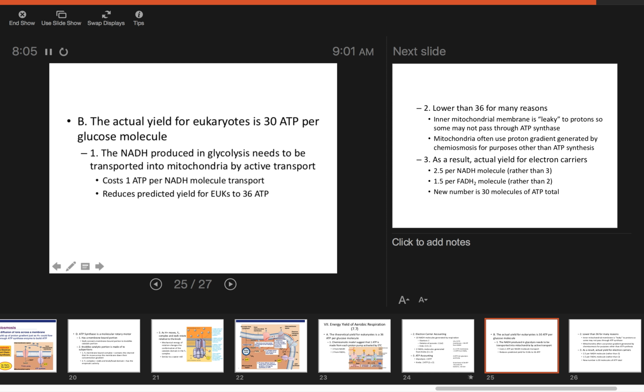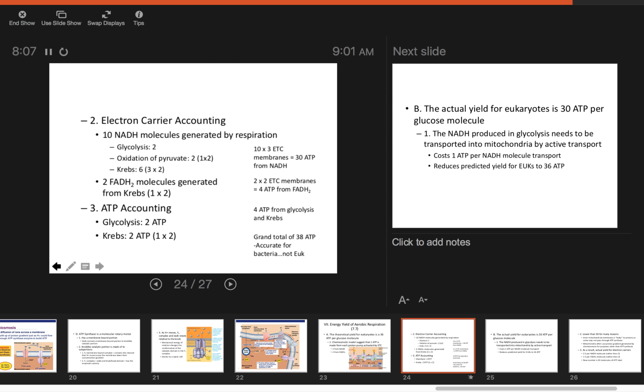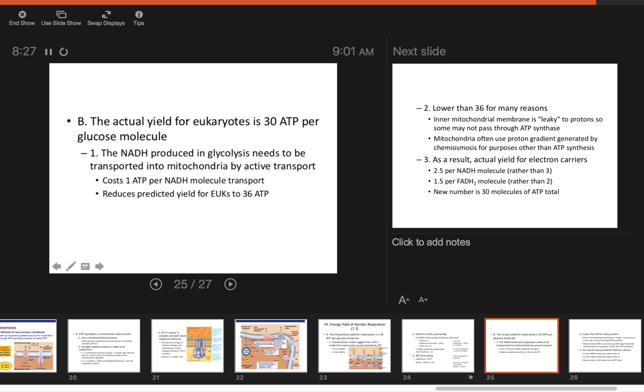So if I go back a slide, the ETC happens 12 times, the Krebs is 2, and glycolysis just happened once. So 1, 2, 12.